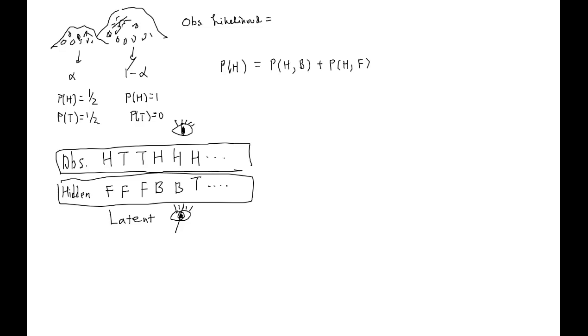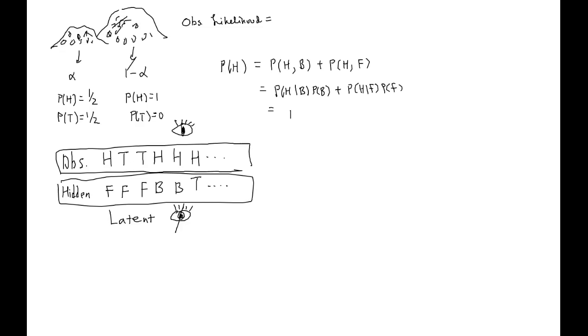So this one is conditioned on the biased coin, and this one is conditioned on the fair coin. If you have a biased coin, the chance that you get a head is 1.